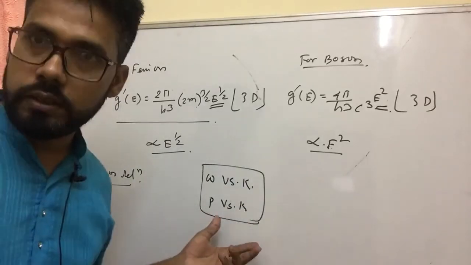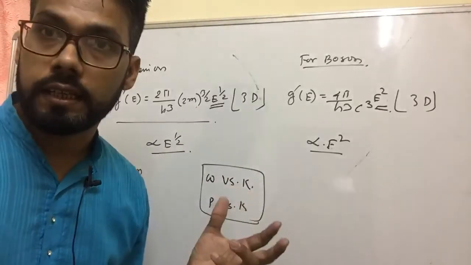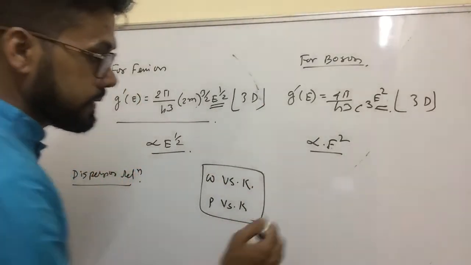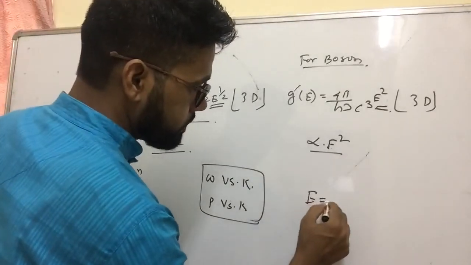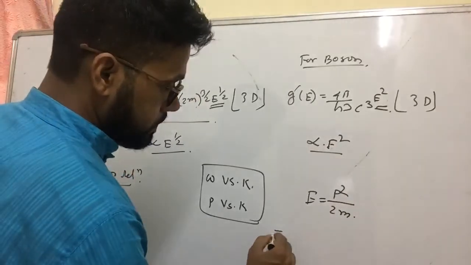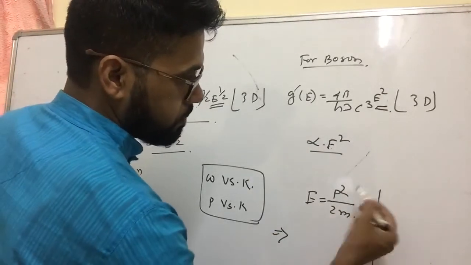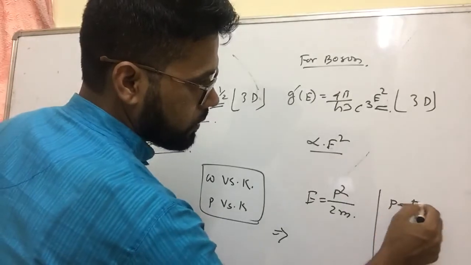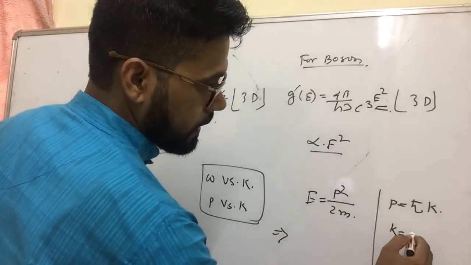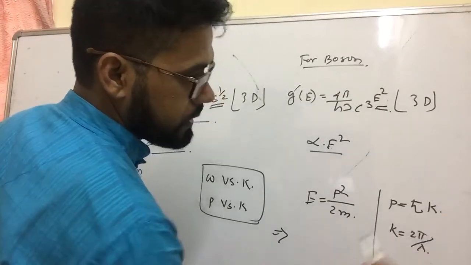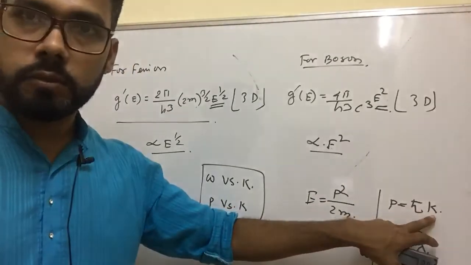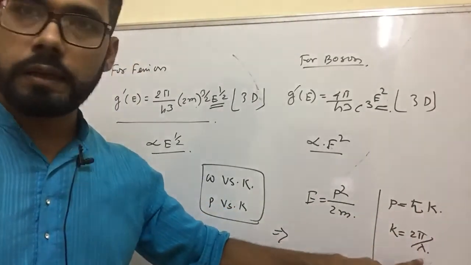This dispersion relation tells the behavior of the particle, whether it is photon or boson. For a free particle, E equals P square by twice M. P is the momentum, P equals h-bar K, and K equals twice pi by lambda. Remember, K is the wave vector, twice pi by lambda.